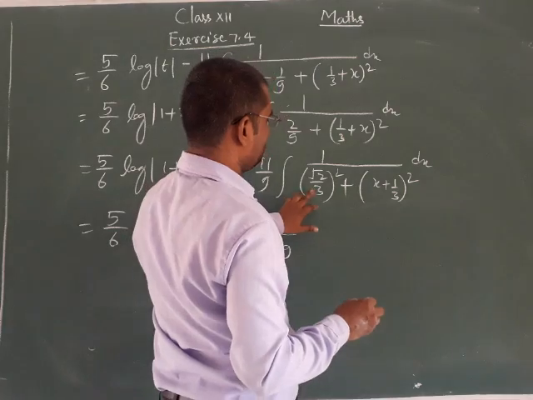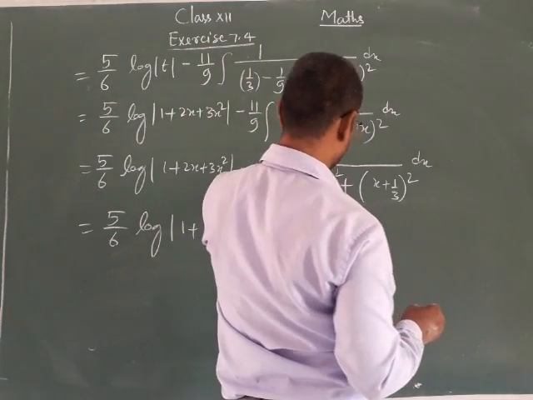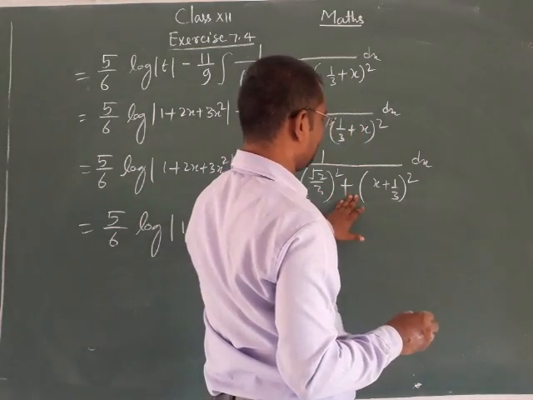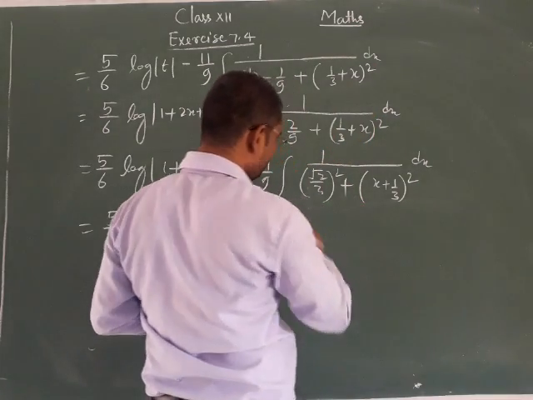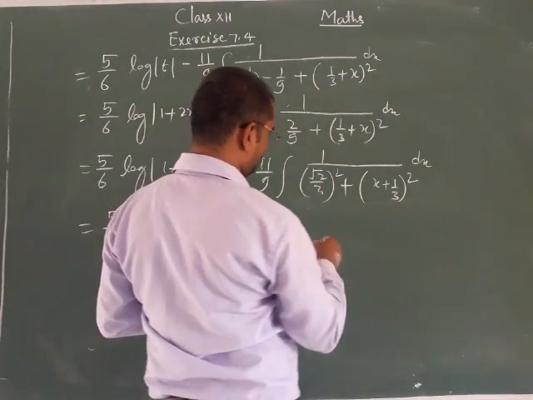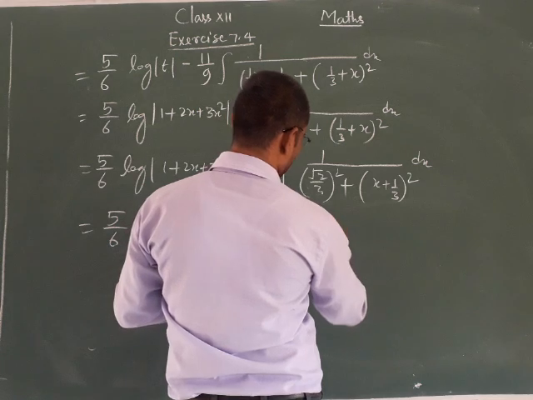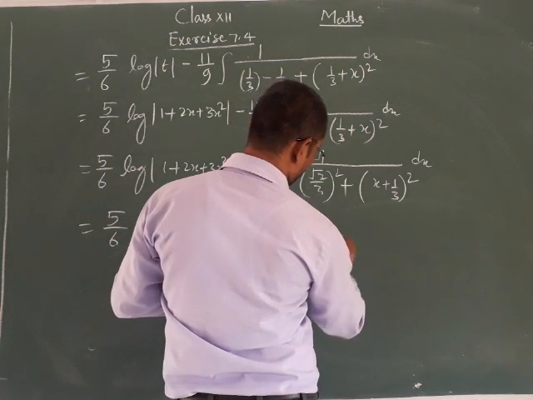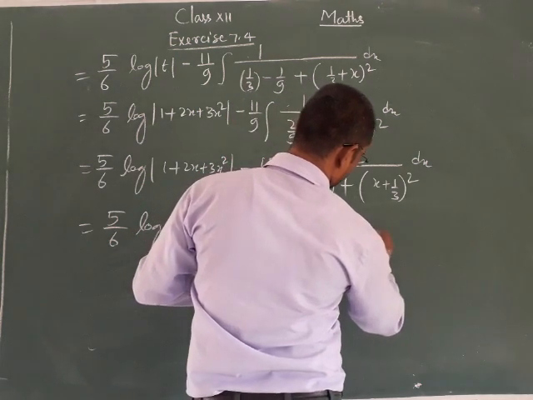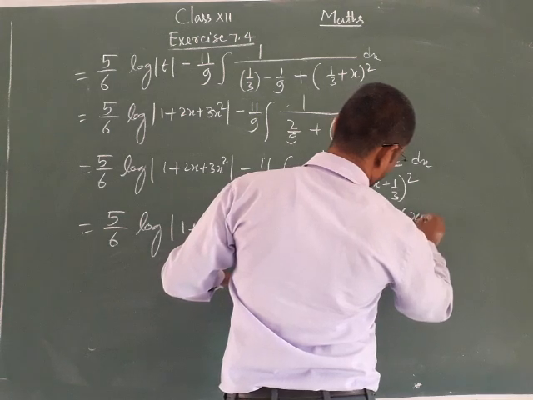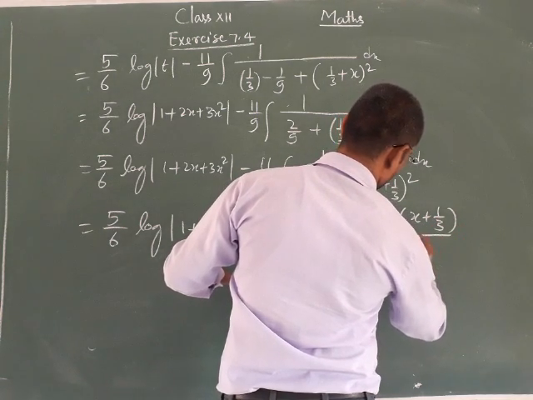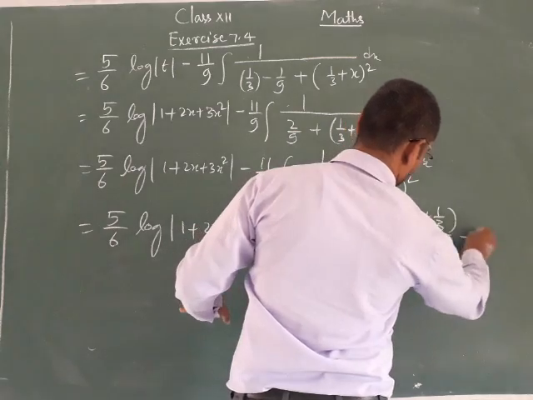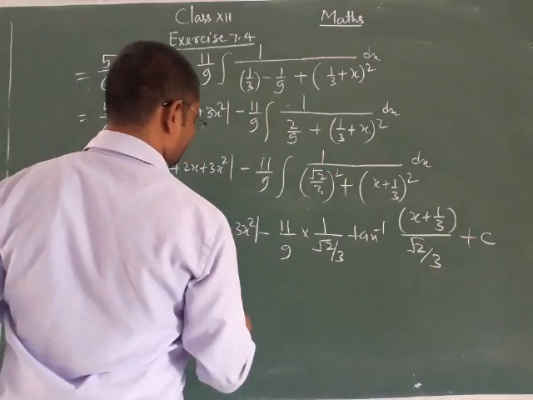Since for 1 upon x square plus a square integral, by formula 1 upon a root 2 by 3 and tan inverse x plus 1 by 3 upon root 2 upon 3, and also plus c.